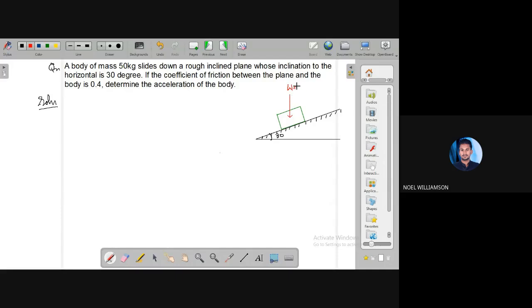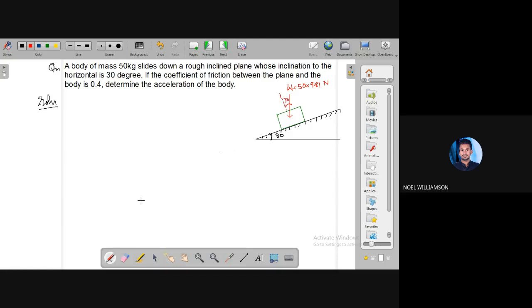And here what is m? 50. So 50 into 9.81. So this many Newton is acting vertically downwards. So we know this particular angle is also 30 degree.